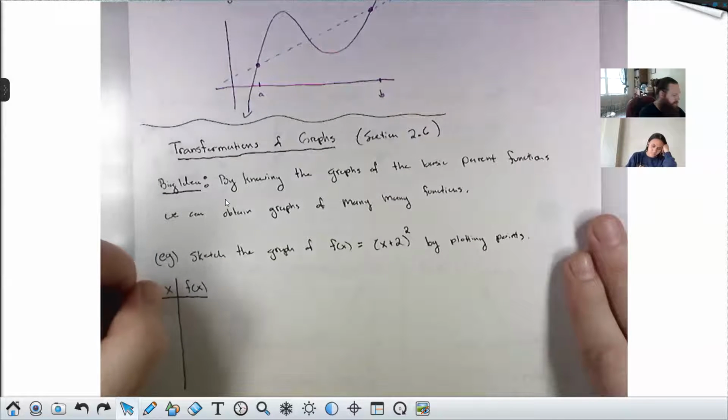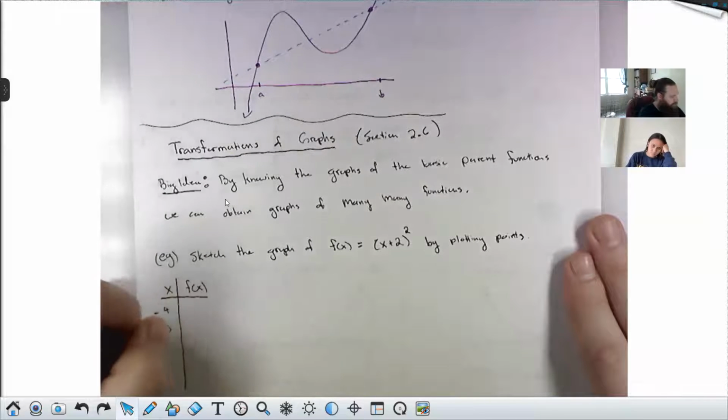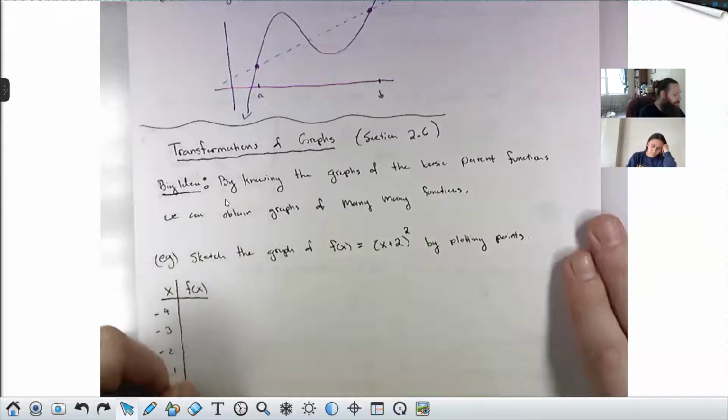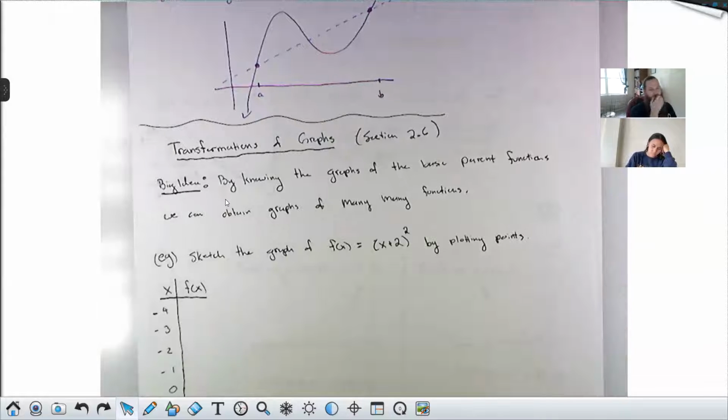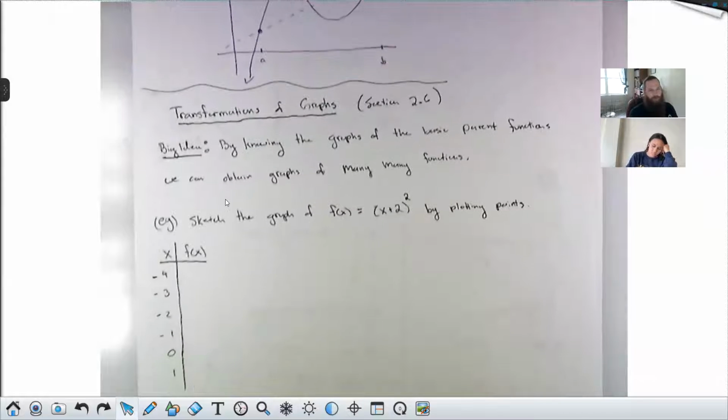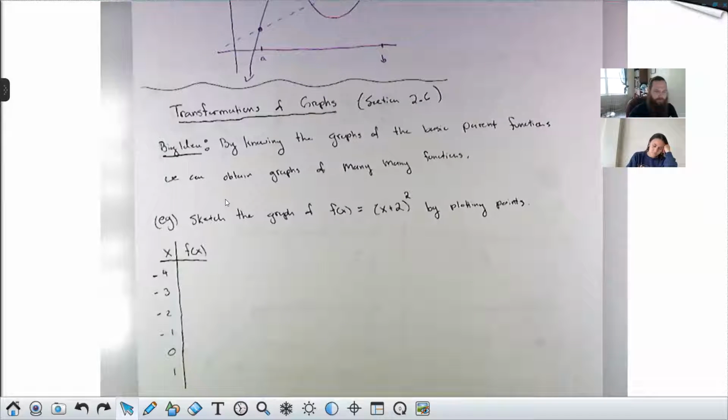And I'll start at like -4, -3, -2, -1, 0. Let's just do these for now. And you'll see why I chose those particular numbers in a second. Obviously skewed towards the negative.